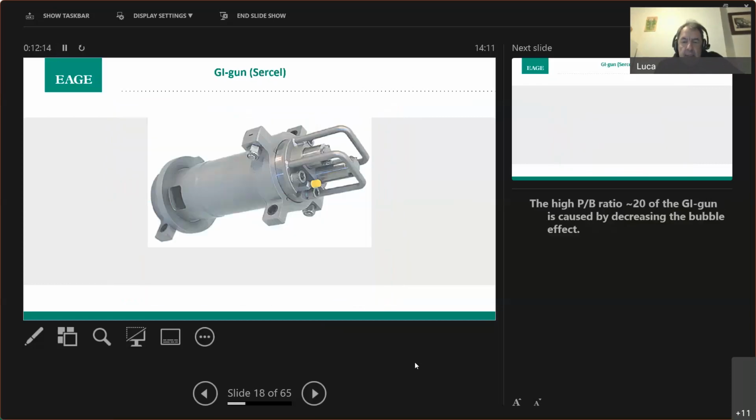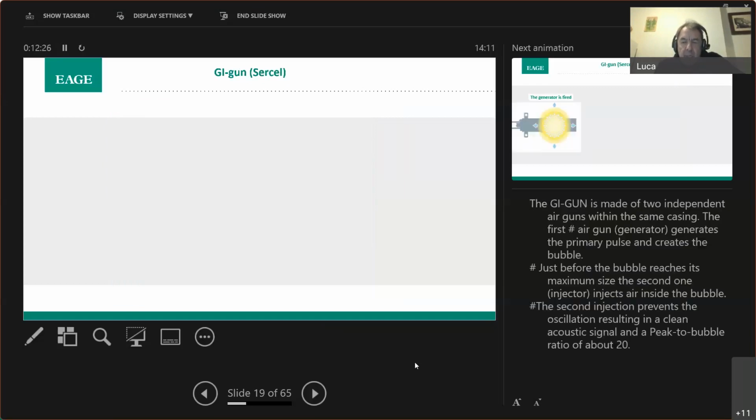In the GI gun, by Sercel, we have a very important primary to bubble ratio, about 20%, and this is caused by decreasing the bubble effect. A GI gun is made of 2 independent airguns within the same casing.